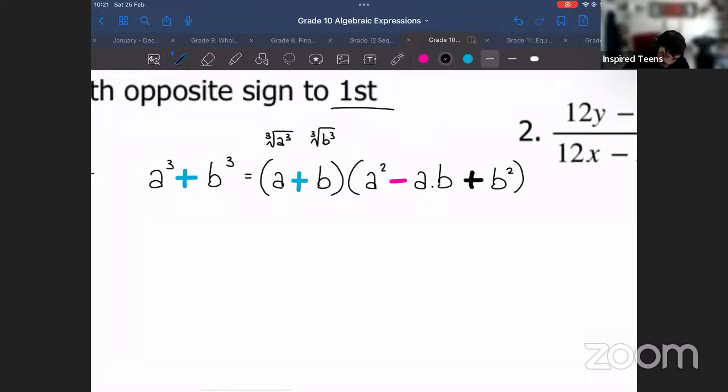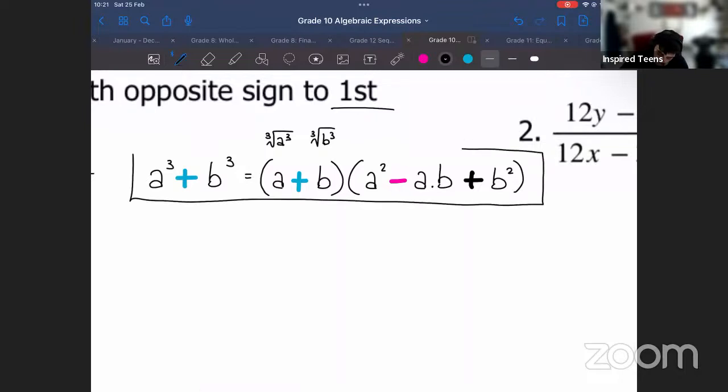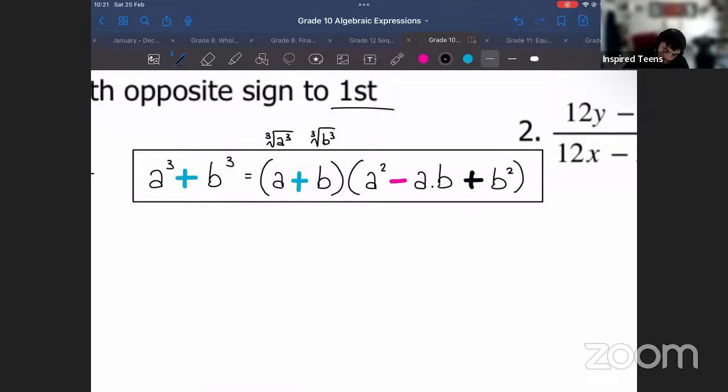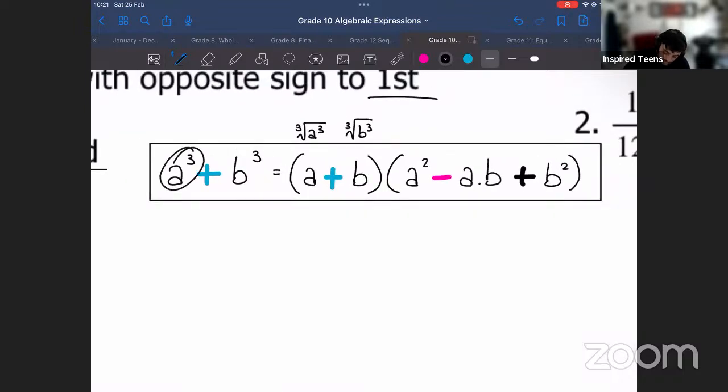So this is basically the method if you consider it in terms of variables. a cubed plus b cubed is equal to a plus b, a binomial, and then a trinomial. How do you form these? You have to look at it relative to the variable. In this case, we have a cubed. So you need to understand why I am writing a there, and how you would use it with numbers. Basically, to get from a cubed to a, you cube rooted it. So whatever number you have here, you cube root. And then the same with b. So these are cube root first term, cube root second term, same sign.